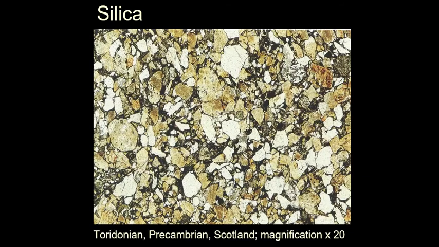You also get a lot of silica in sandstones, and this is a good example because it isn't only these whiter bits that are actually probably silica. These other darker things are something else.